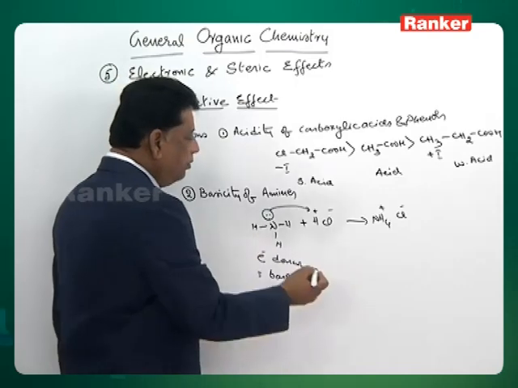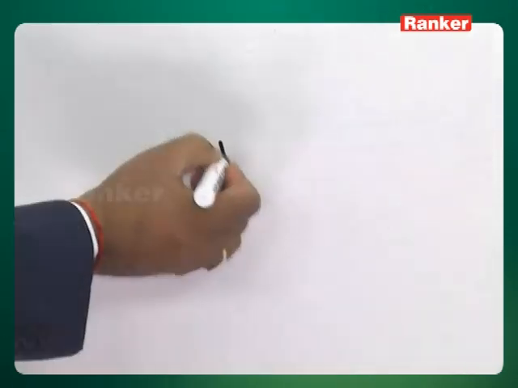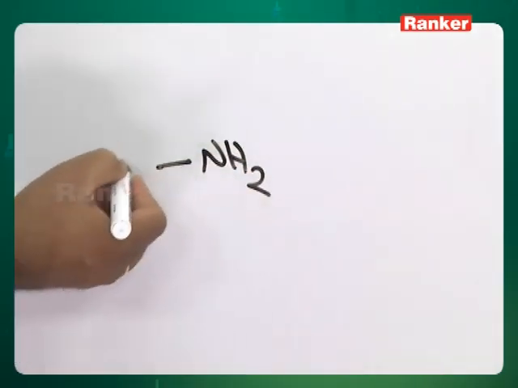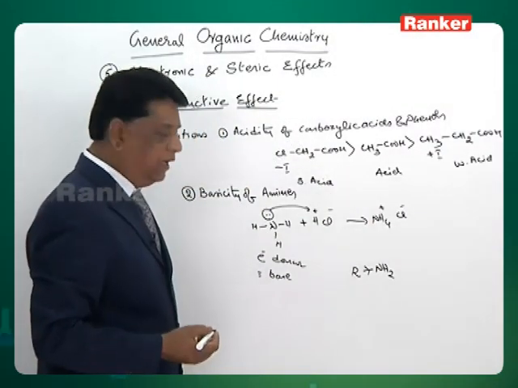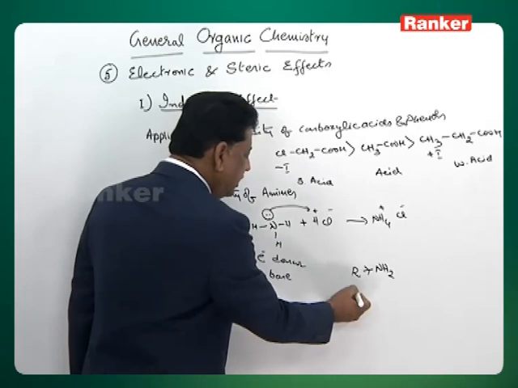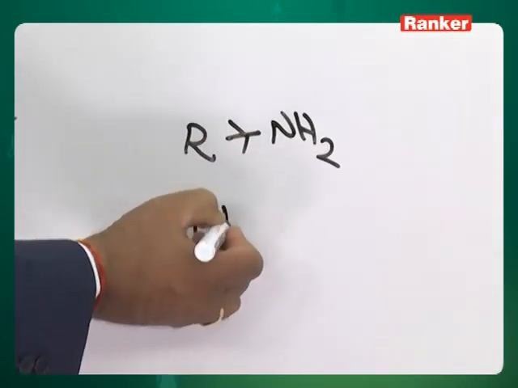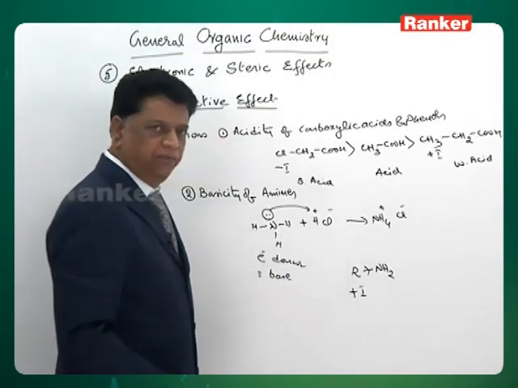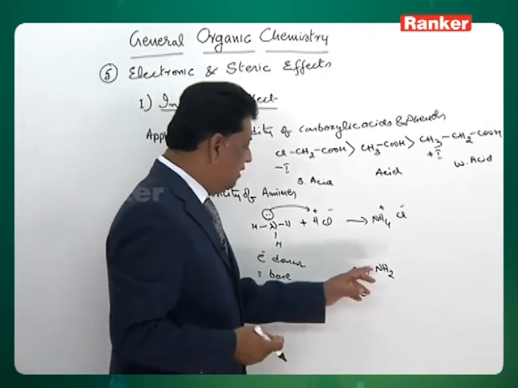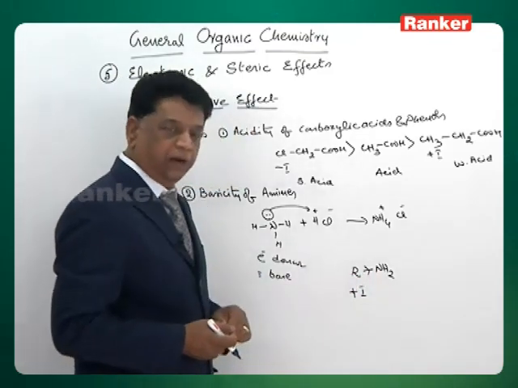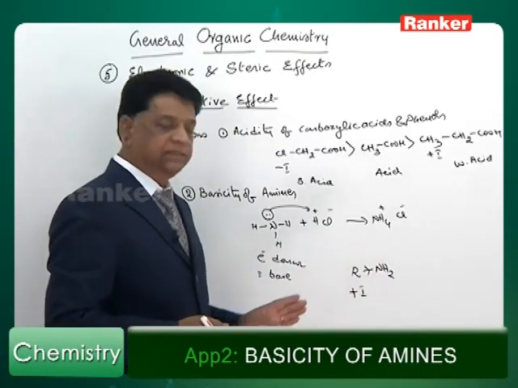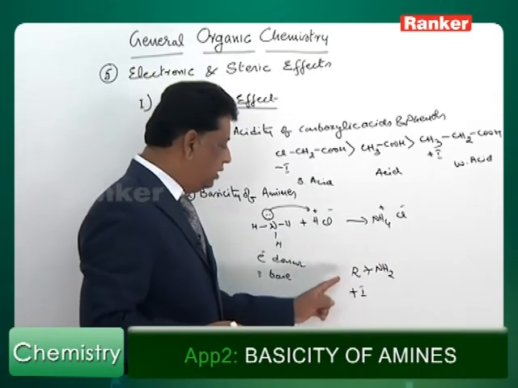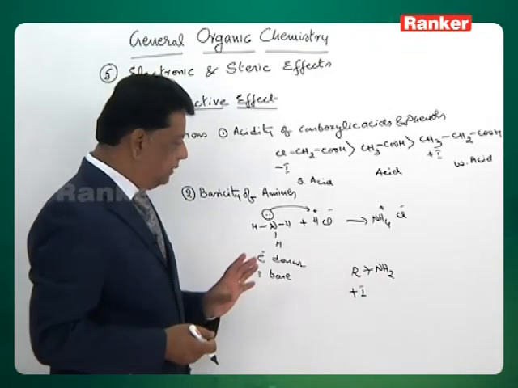Now, in the same ammonia, one alkyl group is attached, any alkyl group. Arbitrarily we have taken alkyl groups as +I groups. But in reality also, when nitrogen is attached to carbon, nitrogen is more electronegative, therefore it takes electrons. So in this example also, the alkyl is really working as a +I group.